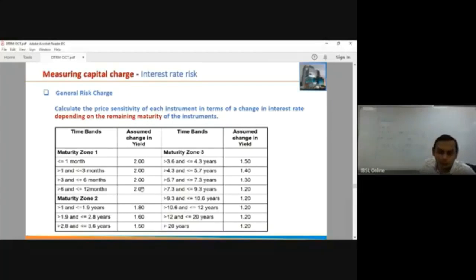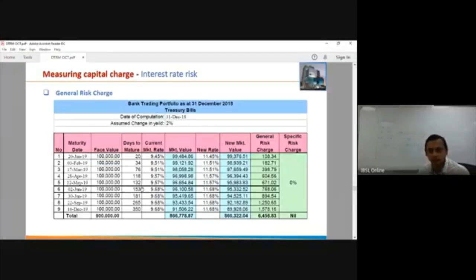This works only for treasury bills. So anyway, I have given some computation. This is the treasury bill instrument. These dates are somewhat older, so forget about that, because I'm using the same slides from 2018.